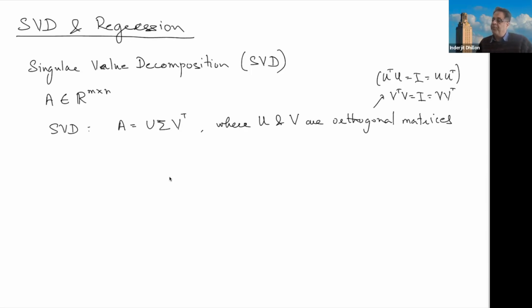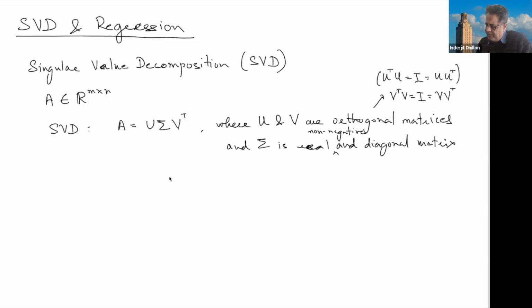So U transpose U equals U U transpose is the identity when U is orthogonal and square. And then you have sigma, which is a real and diagonal matrix. Actually it's also non-negative, so it's a diagonal matrix with non-negative values on the diagonal.